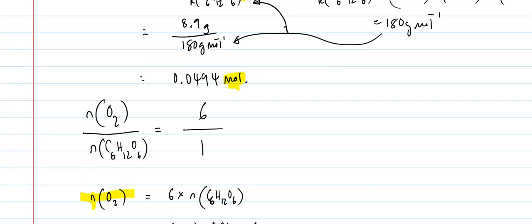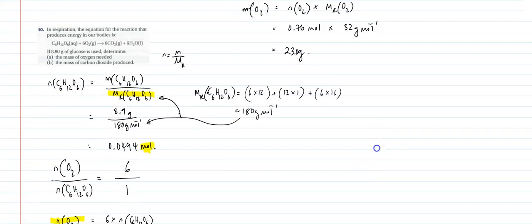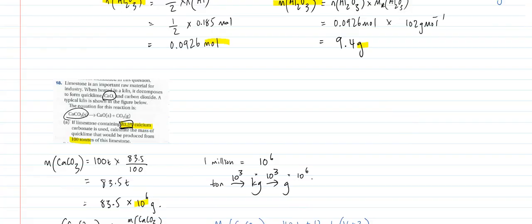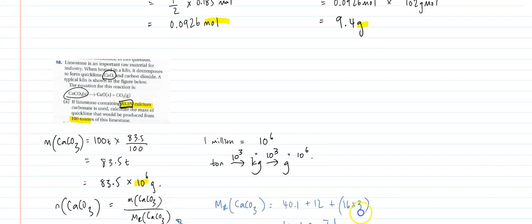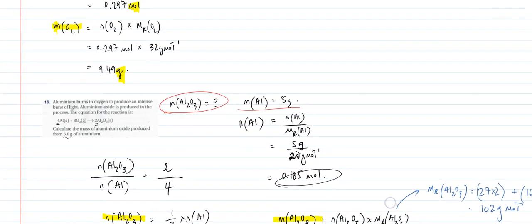Okay, so I think from those 4 questions that we've done, we have touched on pretty much all the major skills that are involved with mass stoichiometry. When we convert from the mass of one substance to the mass of another substance within a chemical reaction, we need to convert to moles, okay?